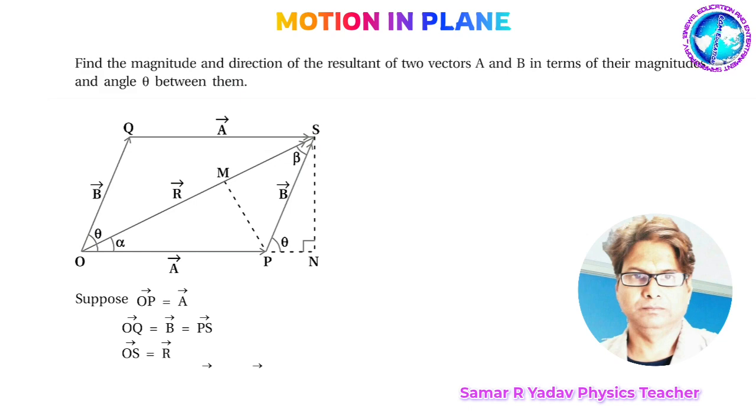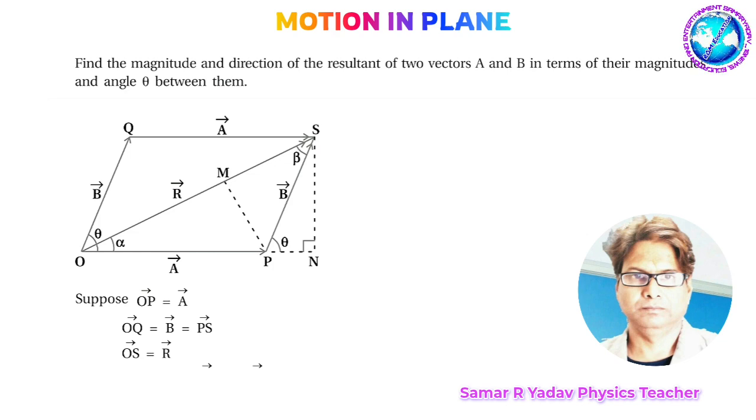Now here B is resolved into two components: B cos theta is equal to vector PN, and B sin theta is equal to vector SN.